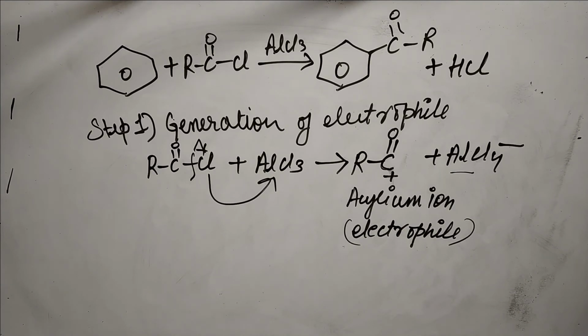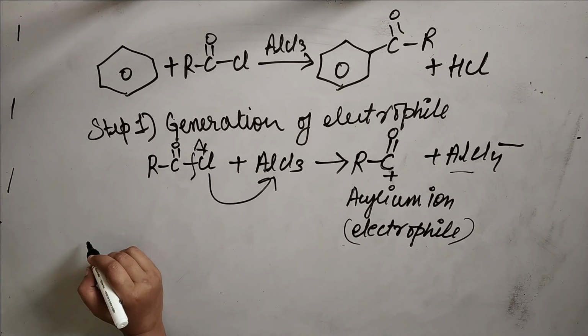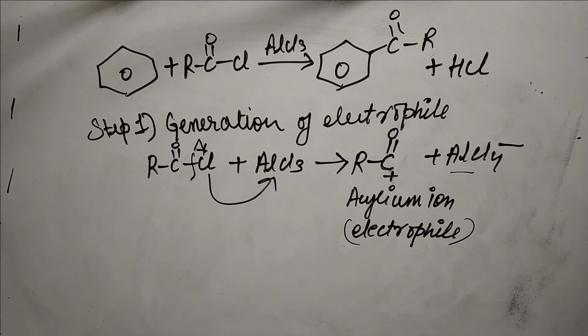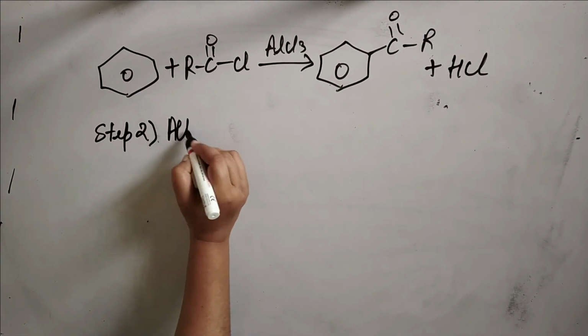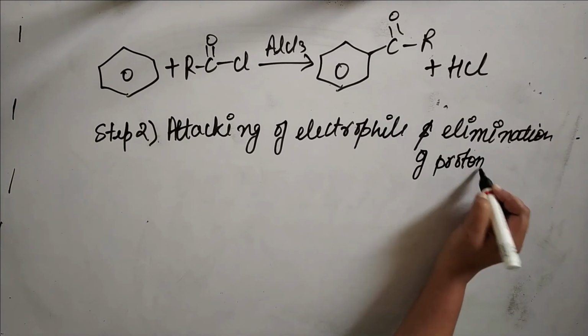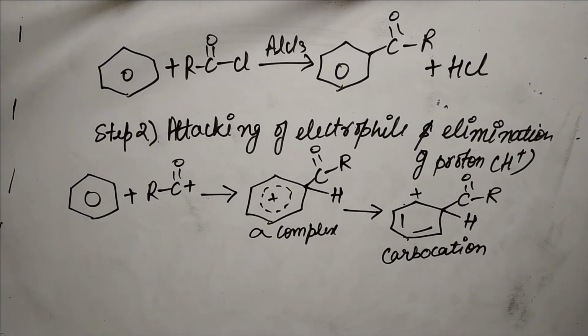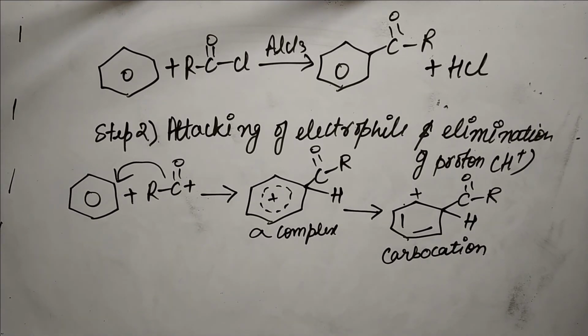Now this acylium ion will attack the benzene ring. This is the first step. Now let's see step 2. Step 2 is the attack of the electrophile and elimination of the proton, that is H+. This is the second step, where the formation of the sigma complex takes place. This acylium ion attacks the benzene and forms a complex.